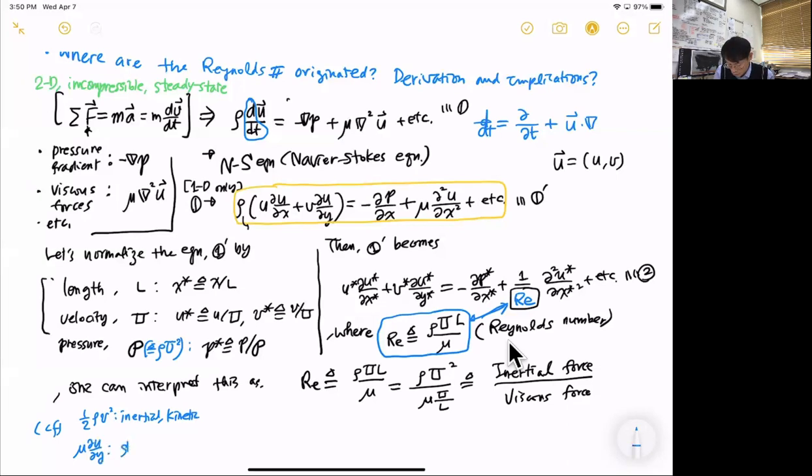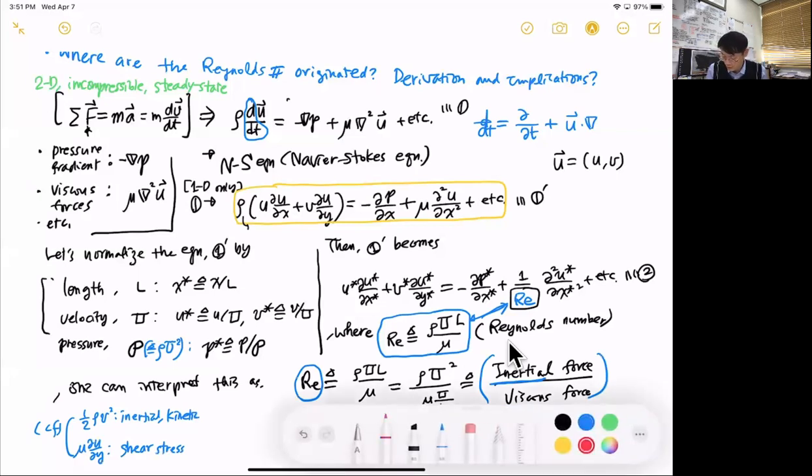This is actually shear stress. So from here you can make sense that the implication of the Reynolds number is the ratio between inertia and viscous forces.